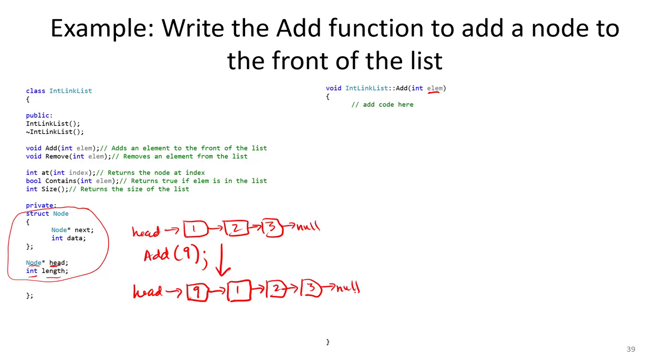So in this case, the strategy to add an element to the front of our list is that first we need to create a new node containing the desired value, or containing element, the value in the argument. Then we need to insert the node at the beginning of the list.